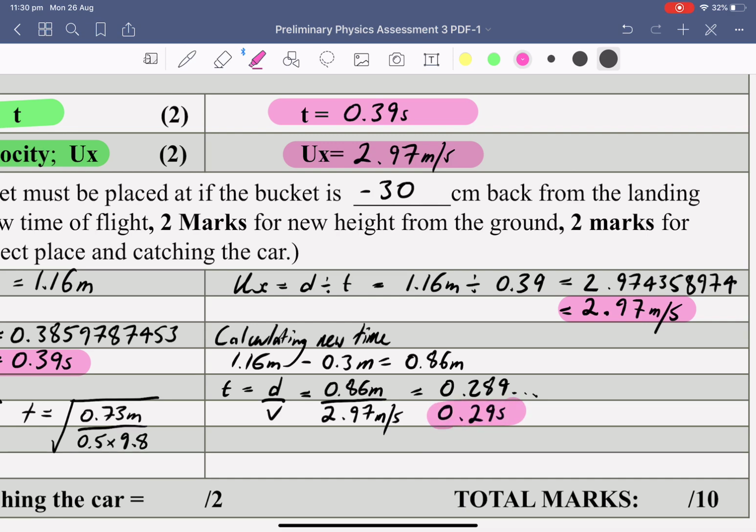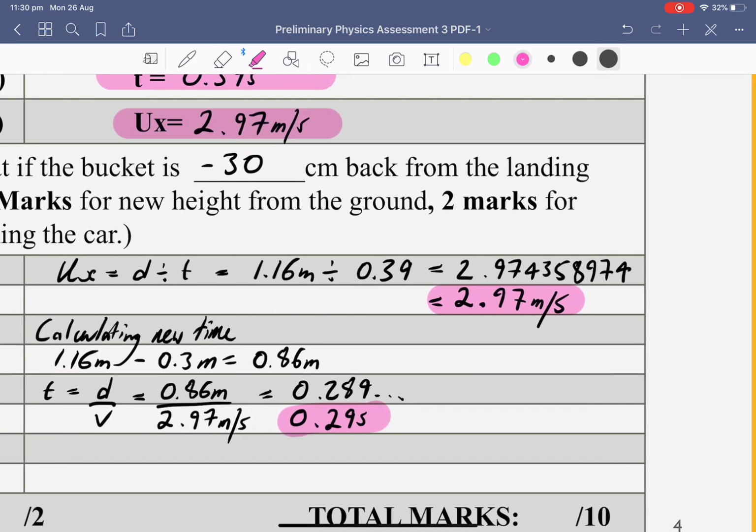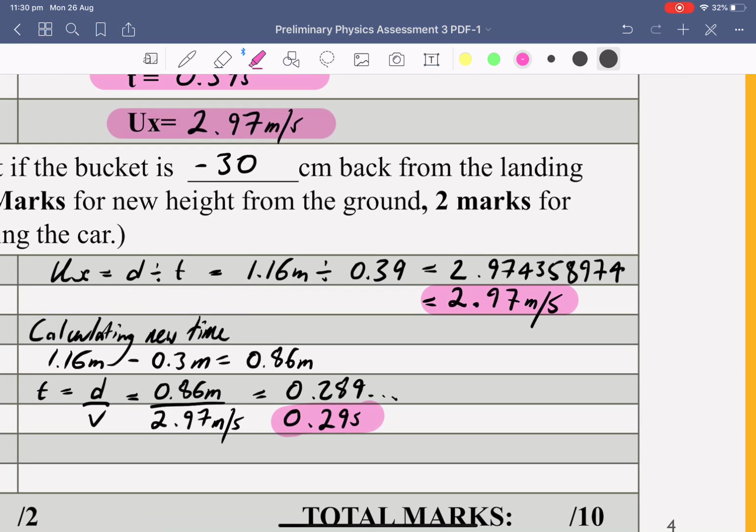From our new time, we need to calculate our new height, which is the height the projectile will fall in that time. So we're going to go delta Y equals UT plus a half AT squared. We already established at the start of the question that U is 0.